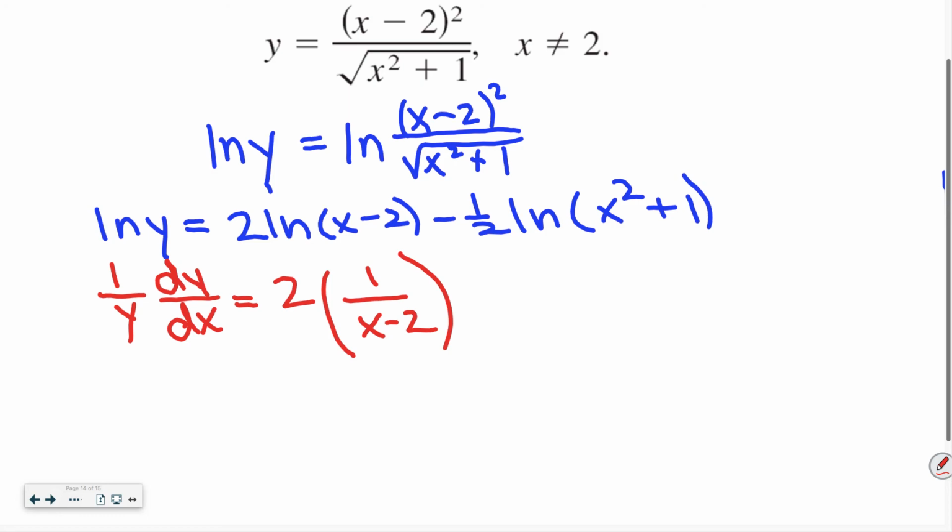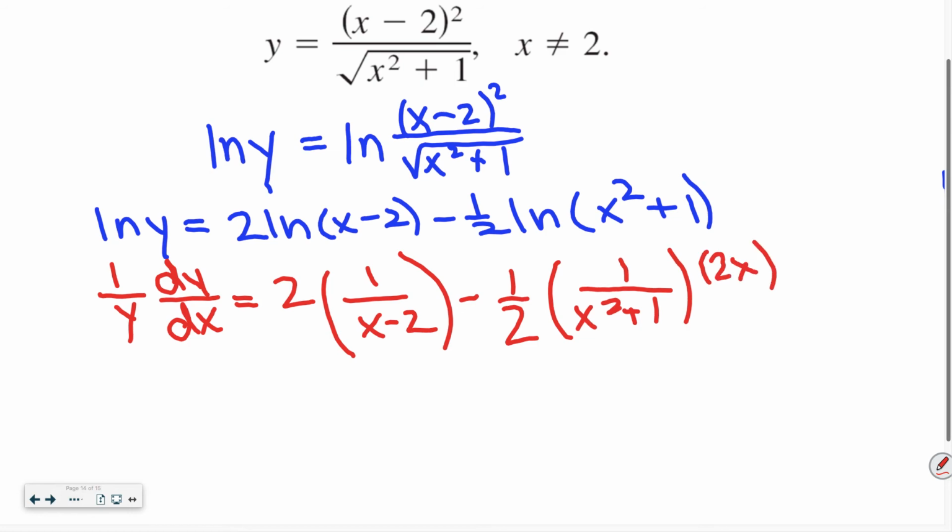I'm not going to write it. Minus 1/2 of the derivative of the natural log, which is 1 over the inside times the derivative of the inside. Okay, are we done?